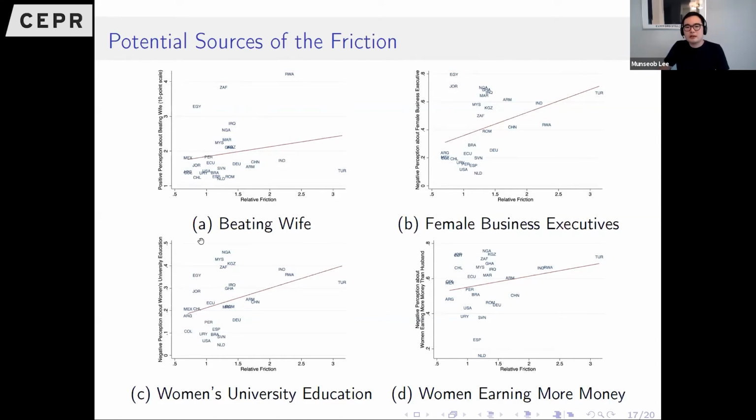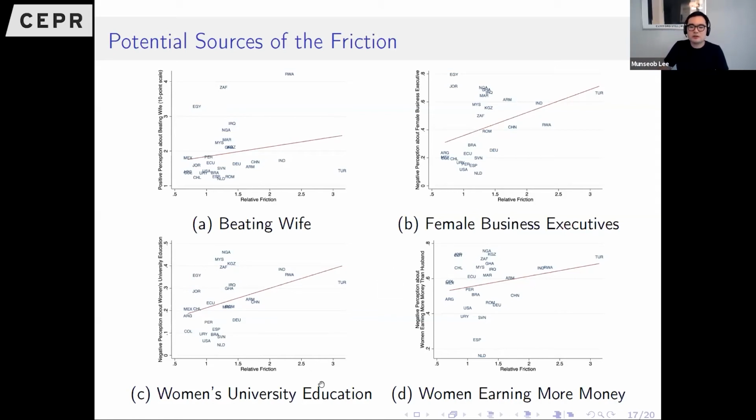Especially, the correlation is significant for B and C. So any employer-specific discrimination, or any discrimination against female workers going to higher positions or more prestigious occupations, could be associated with the friction I'm measuring here.